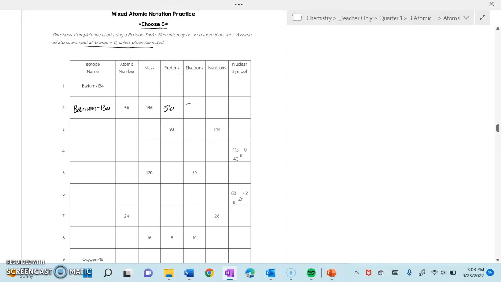This one does not have anything else written next to it, so we'll consider it as neutral. And then lastly, neutrons, take your total mass, subtract out the protons, 136 minus 56, and you'll be left with neutrons, which is 80. Nuclear symbol, barium is Ba, atomic number at the bottom, mass at the top, charge on the top right.